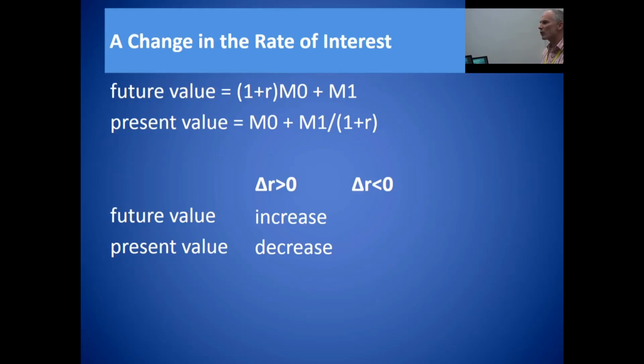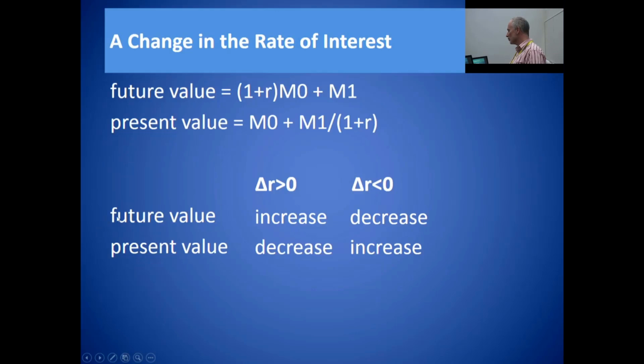And what will happen to the slope? The slope, the rate of interest goes up, will get steeper. The slope was minus 1 plus R. So in absolute terms, increase in the rate of interest, that line becomes steeper. And then when we look at a reduction in the rate of interest, I won't go through this, rather than just putting the values on, it's just completely the reverse.